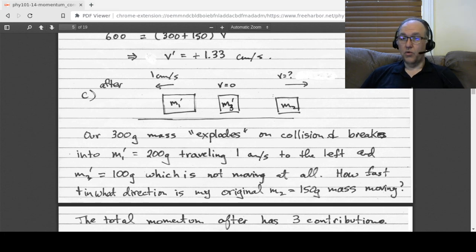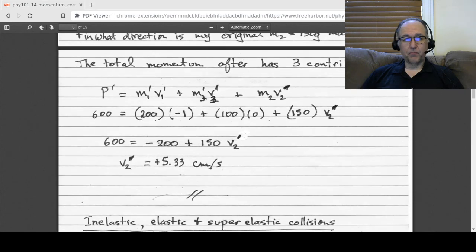There are 3 contributions now to the momentum, so P primed is going to equal M1 primed, which is a fragment of the original M1, times V1 primed, plus M3 primed, again a fragment of the original M1, multiplied by V3 primed, plus M2.